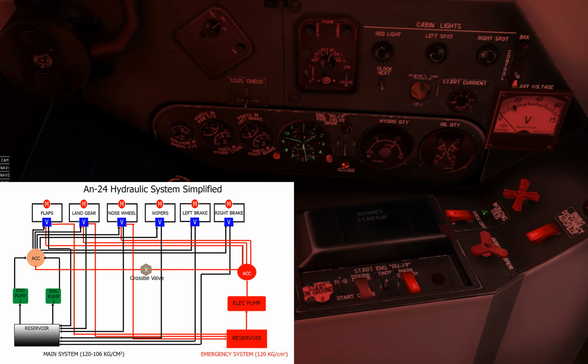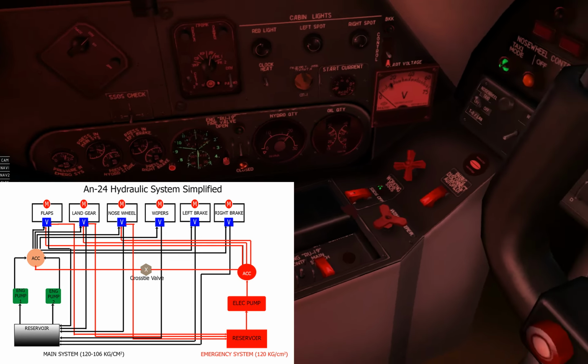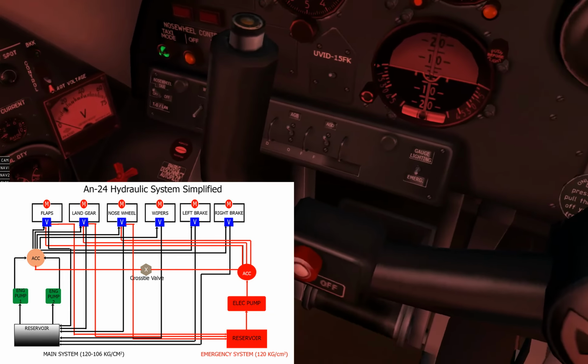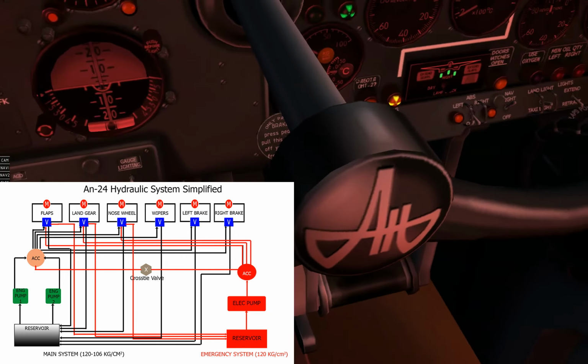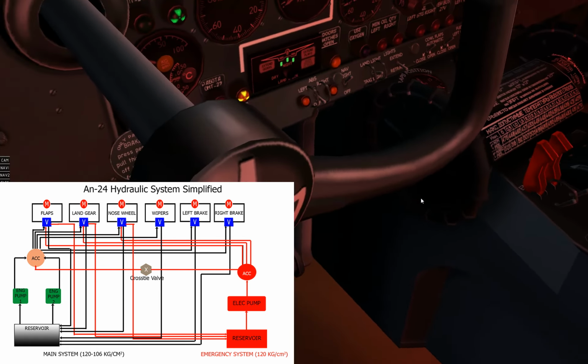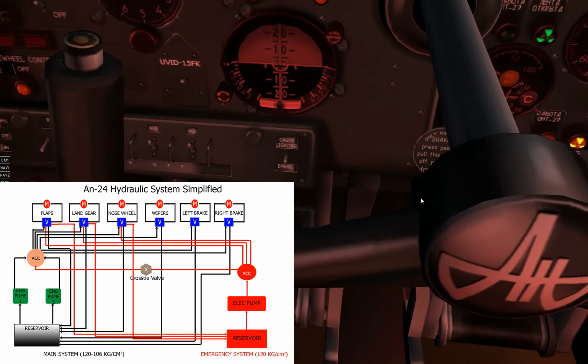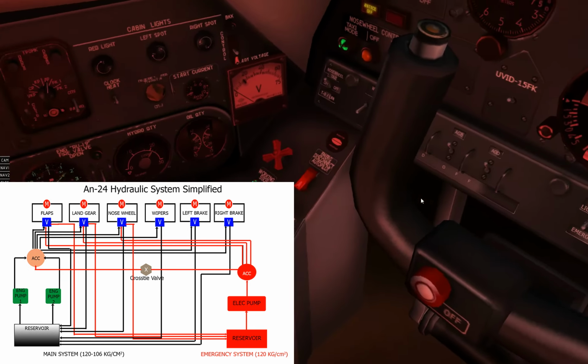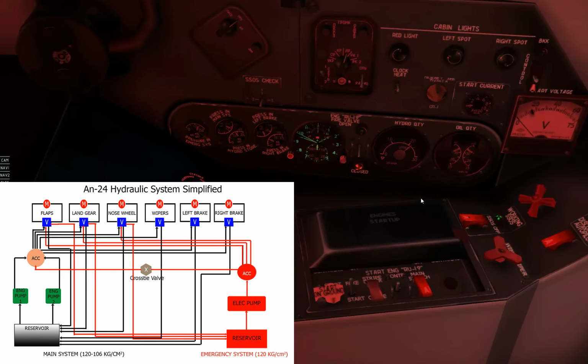Here's something else that is very interesting that I will show you. I'm going to go ahead and just turn around to shut off both engines. As both engines are winding down, I still have pressure in my hydraulic system from the engine hydraulic pumps that I showed you on the diagram earlier, but watch what happens as I lower my flaps.